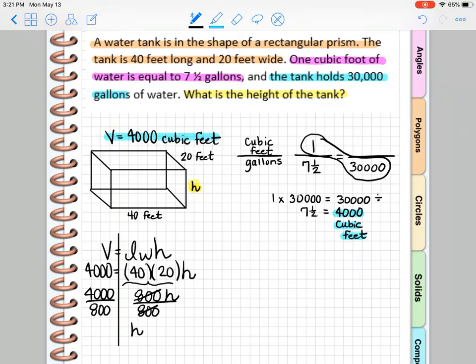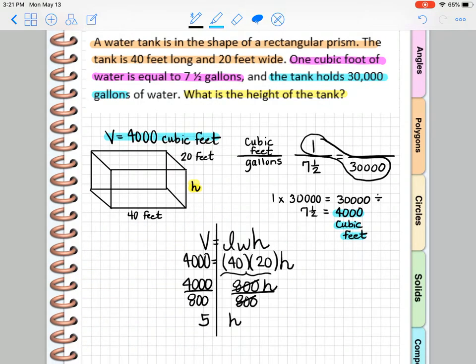So the height of this tank is 5. I was expecting a little bit more than that, but 5 is the mathematical fit there. So we have a water tank that is 5 feet tall.